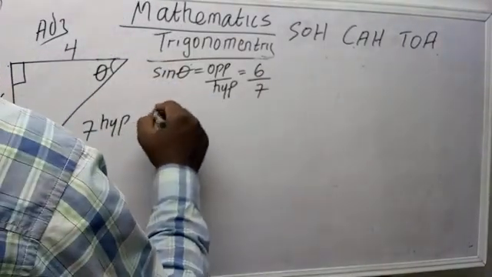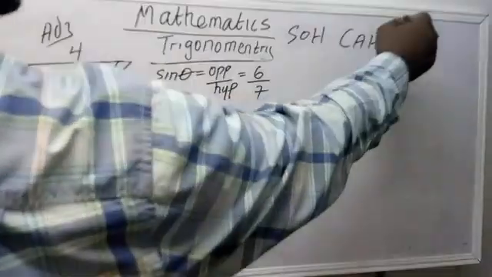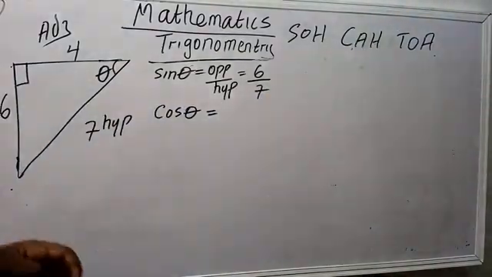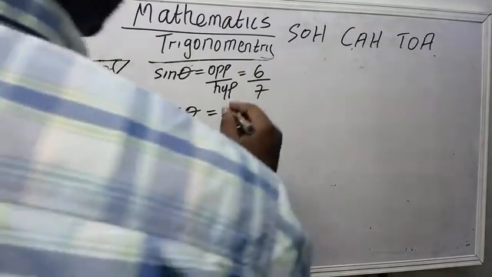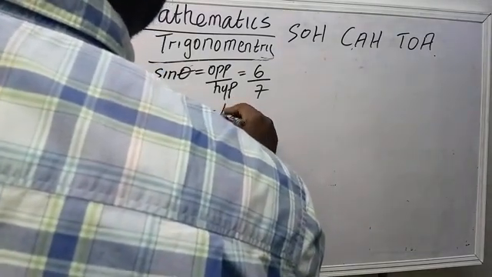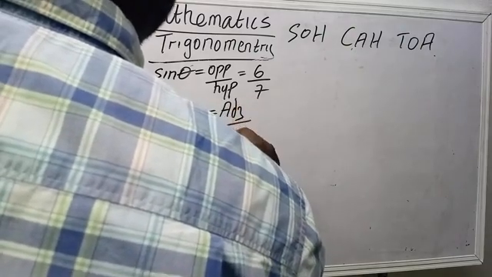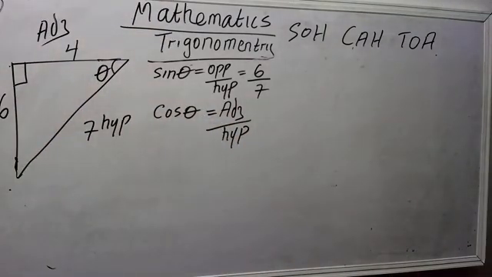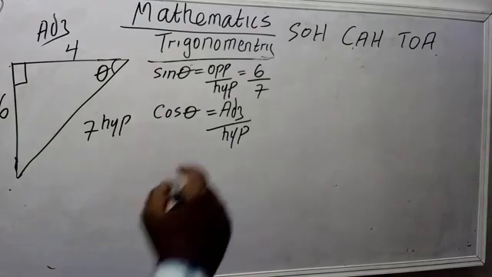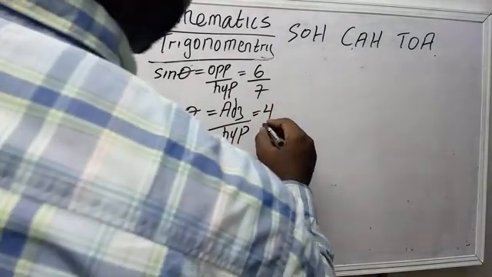We also have cos theta, which is what? Adjacent over hypotenuse. Your adjacent is what? 4. Your hypotenuse is what? 7.